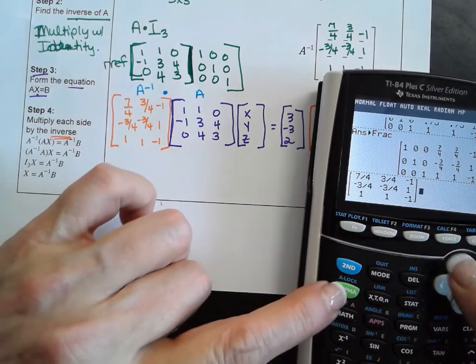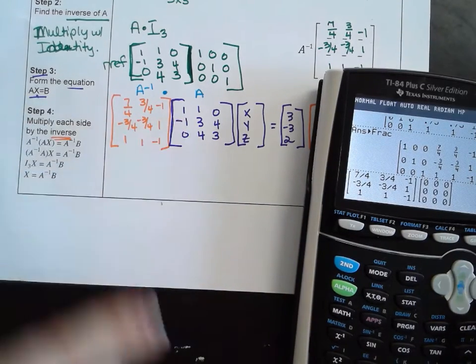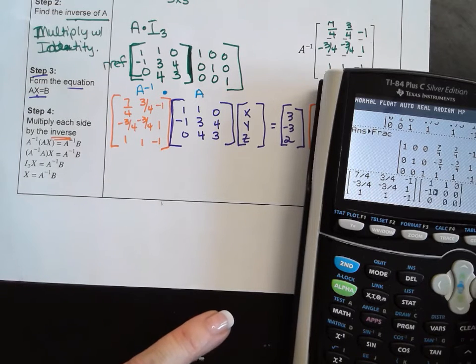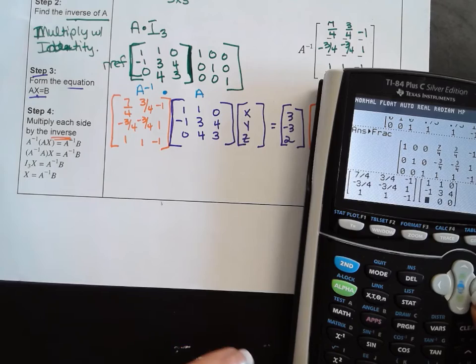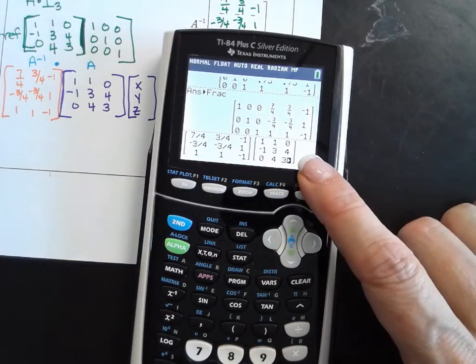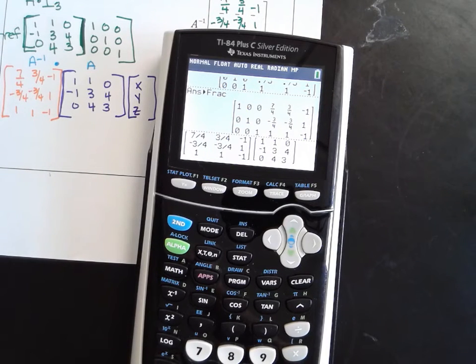Okay, so now I need another 3 by 3 for this part. So 1, 1, 0, negative 1, 3, 4, 0, 4, 3. All right, so we said, since it's like a reciprocal, when we multiply the two together, we expect to get 1.